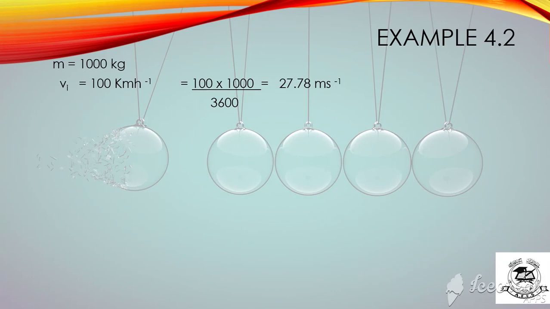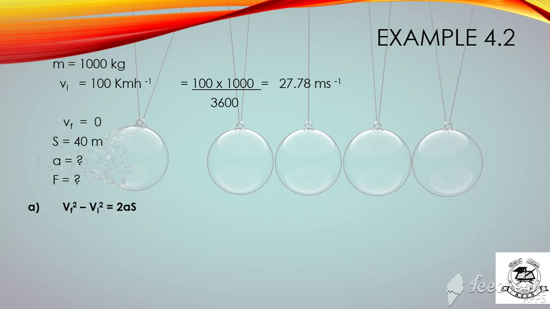Now the car traveling at 100 kilometers per hour is uniformly brought to rest. It means final velocity is 0 over a distance of 40 meters. Find number 1, the acceleration, which is the deceleration, and number 2, the average force.